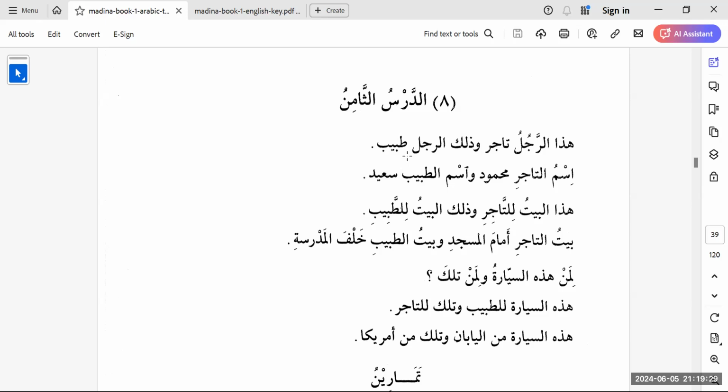And it's also already specific. That man is a trader. Yes, this man is a businessman. And that man is a doctor. Perfect. Jazakumullah khair. And we'll have Ammar read the next sentence as well.